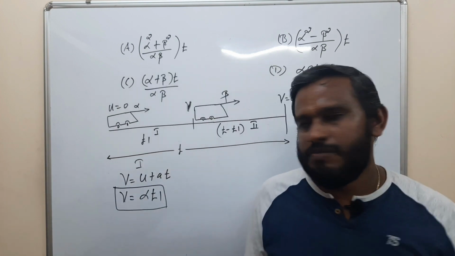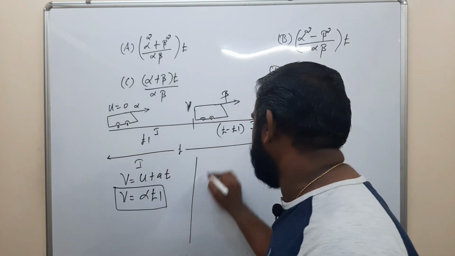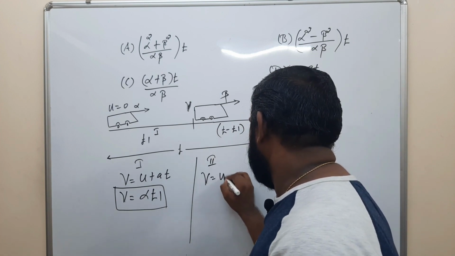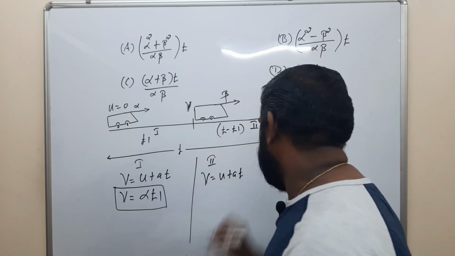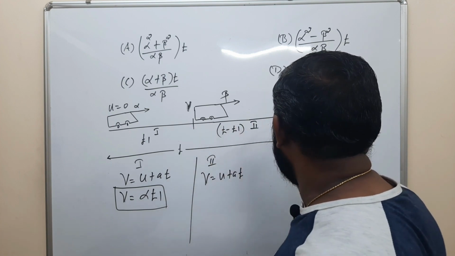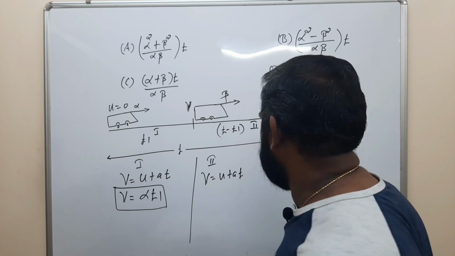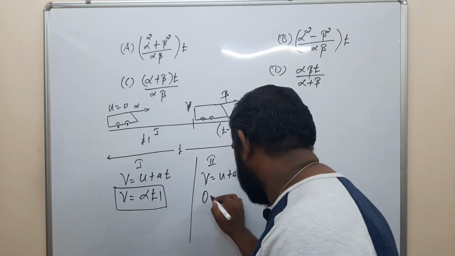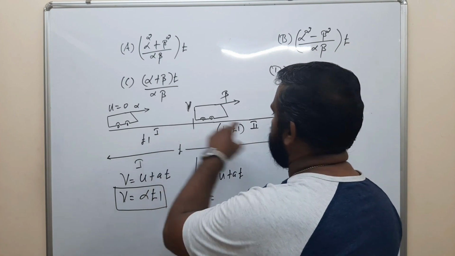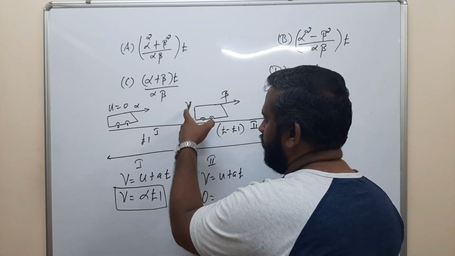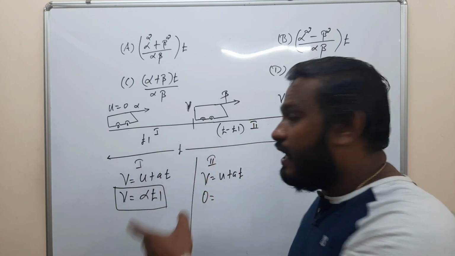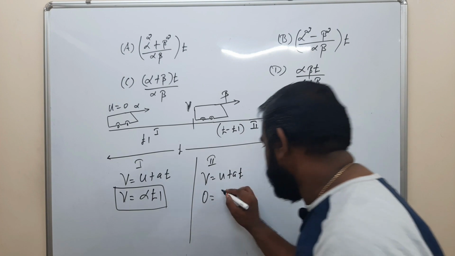Similarly, for the second part of the motion I am using the kinematic equation v is equal to u plus at. What is the final velocity for the second part of the motion? 0. What is the initial velocity? v is the initial velocity.